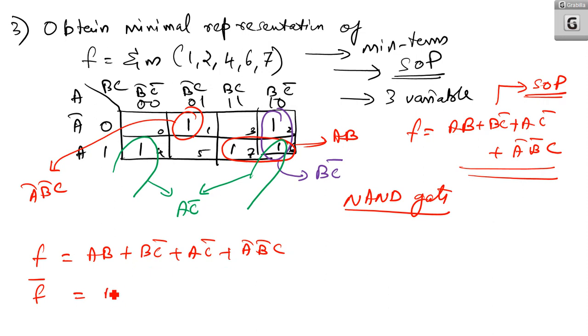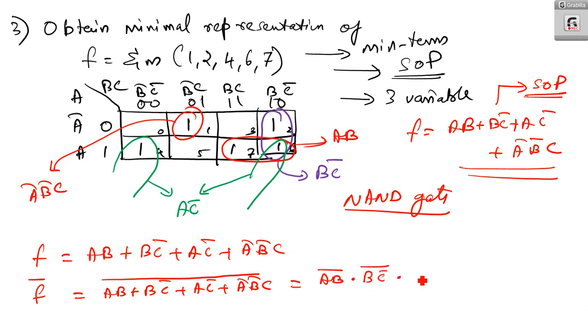F bar is AB or BC bar or AC bar or A bar, B bar, C, the whole bar. So what is it? That is AB bar dot BC bar the whole bar dot AC bar the whole bar dot A bar, B bar, C, the whole bar.